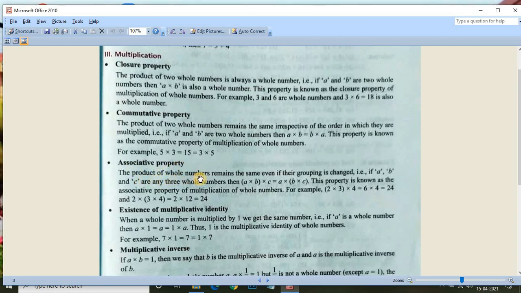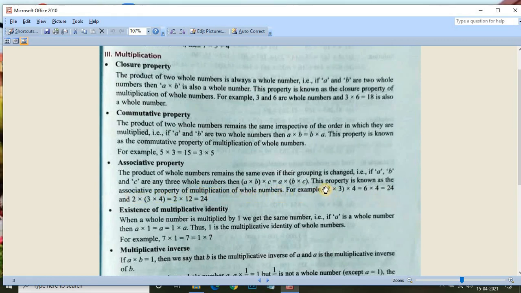Now come to the associative property. The product of whole numbers remains the same even if their grouping is changed. That is, if a, b and c are any three whole numbers, then (a into b) into c equals a into (b into c). This property is known as the associative property of multiplication of whole numbers.